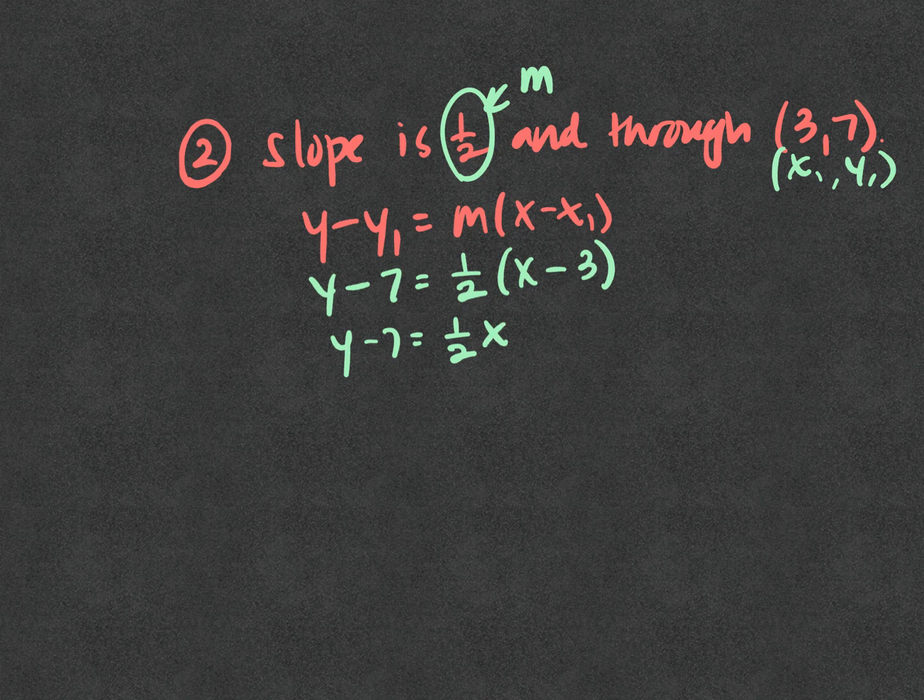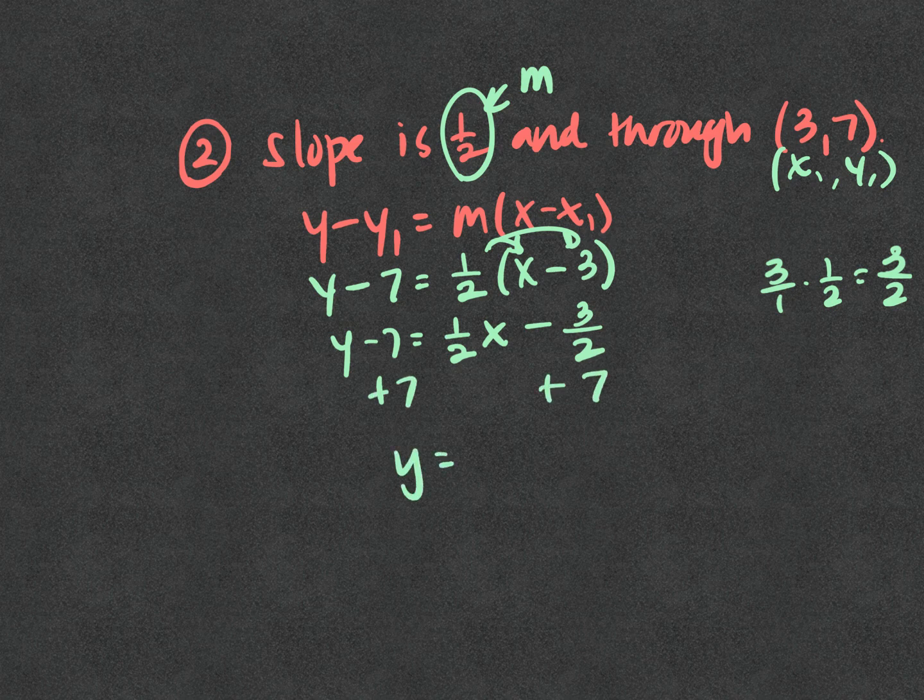We're going to distribute. So we're going to multiply the 1/2 times the x and the 1/2 times the 3, minus, and on the side, 3 over 1 times 1/2 is 3/2. It's a common question there. So now we're going to add 7 to both sides to solve for y. So y equals 1/2 x minus 3/2 plus 7 over 1. We need common denominators.